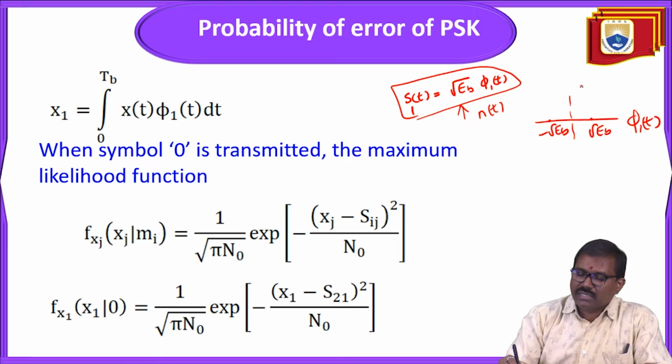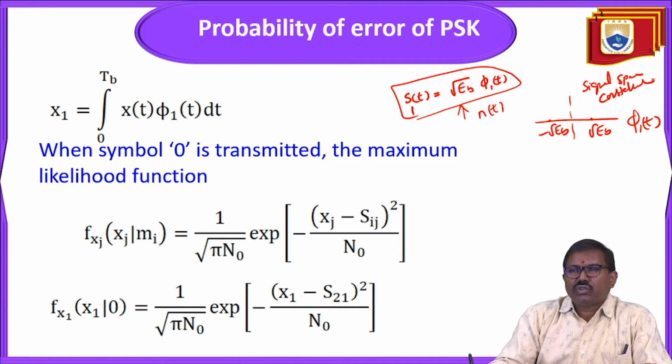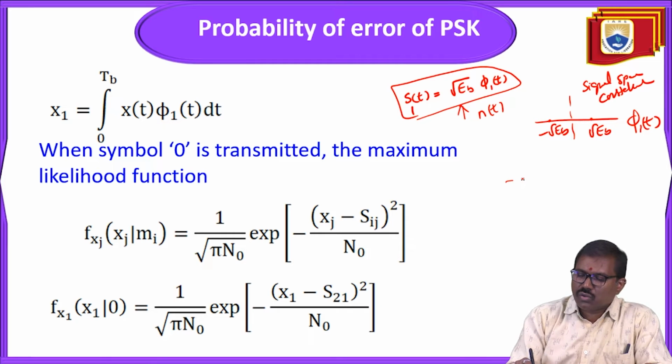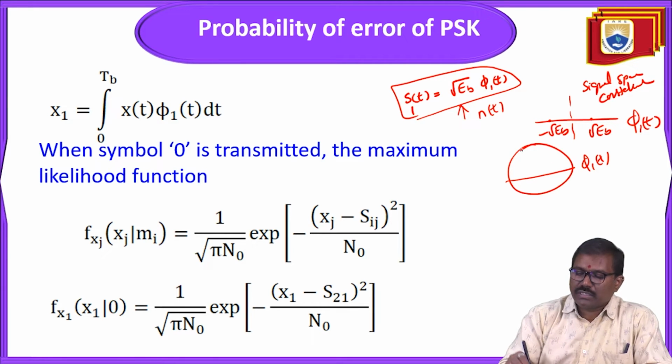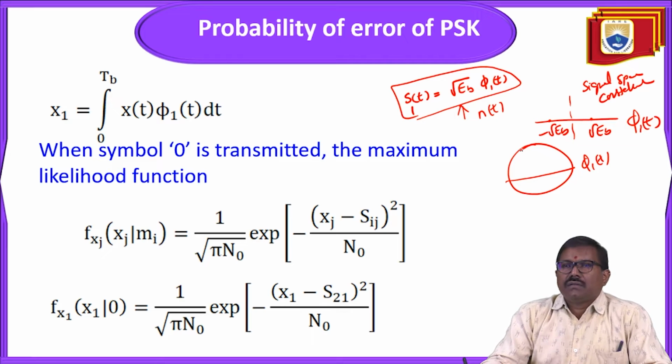Similarly, this is called the signal space diagram or signal constellation diagram. At the receiver we also have the observation space, which is also phi1(t), but here the total observation space is partitioned along with the decision boundary.